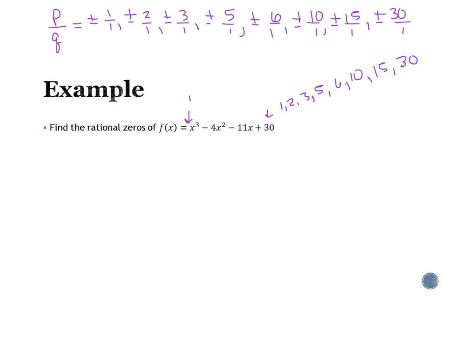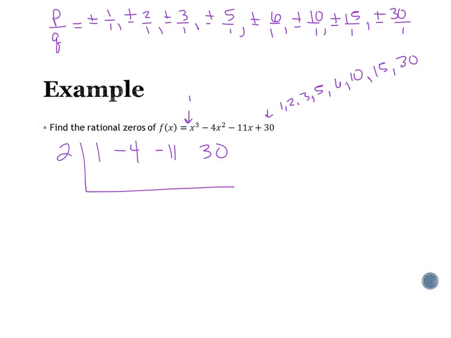Or you can use synthetic substitution, and synthetic substitution actually has some benefits. So let me set up for synthetic substitution. There are my coefficients, and you just need to randomly pick one. So I'm going to pick 2.